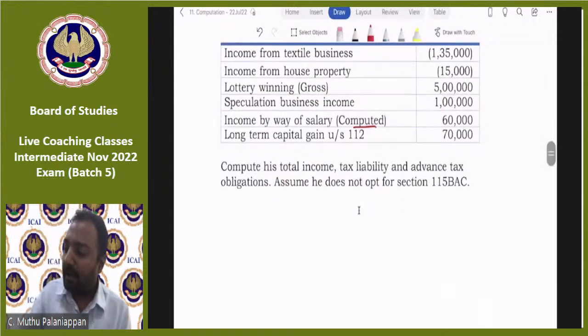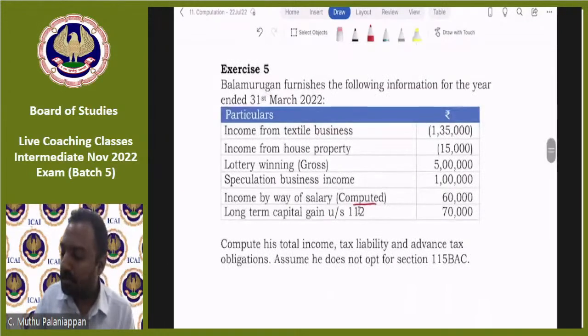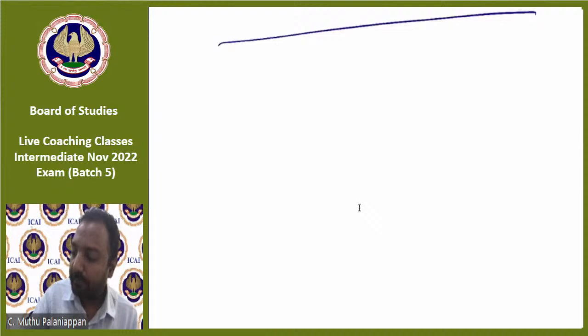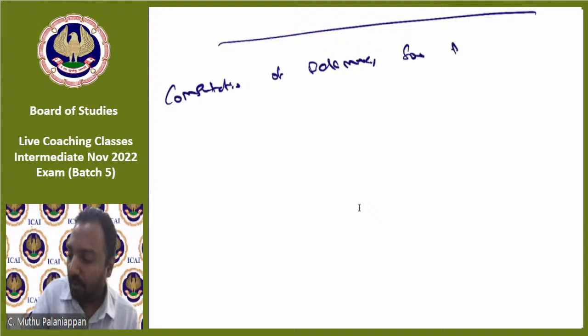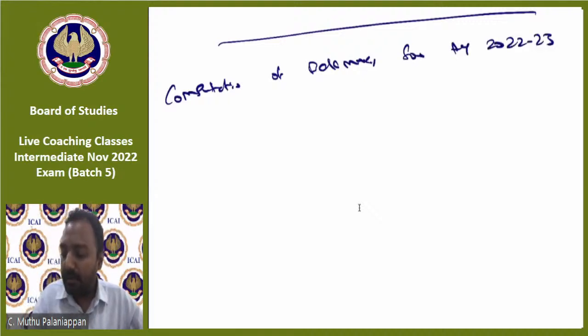So typically, you start with salaries. Computation of income of Bala Murugan for assessment year 22-23.